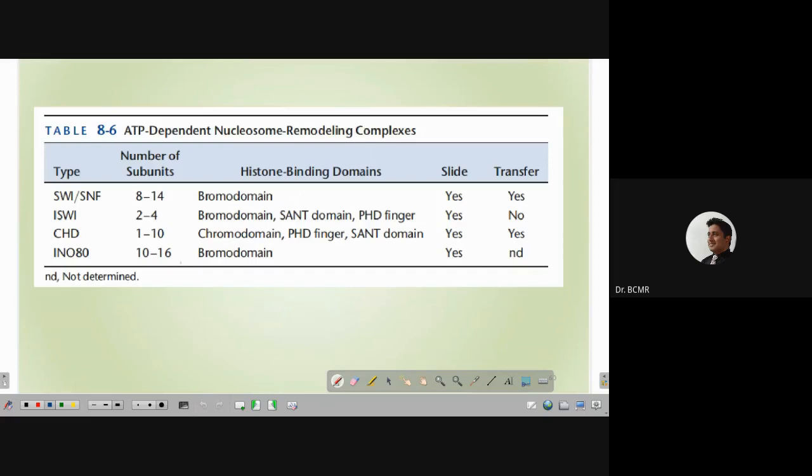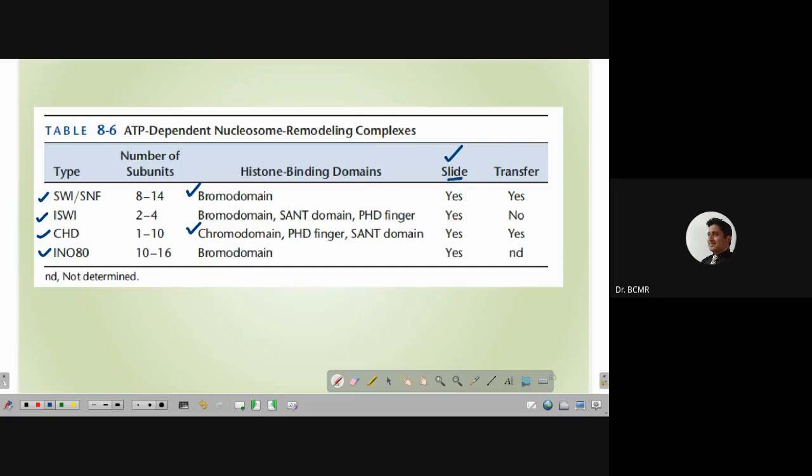So there are several protein complexes: SWI/SNF, ISWI, CHD, INO80, and so on. We don't have to memorize all these, but you need to remember a few things here: what is a bromodomain and what is a chromodomain. As we go a little further, you will see that. What can they do and how can they do it: whether sliding can be done by these complexes or not.